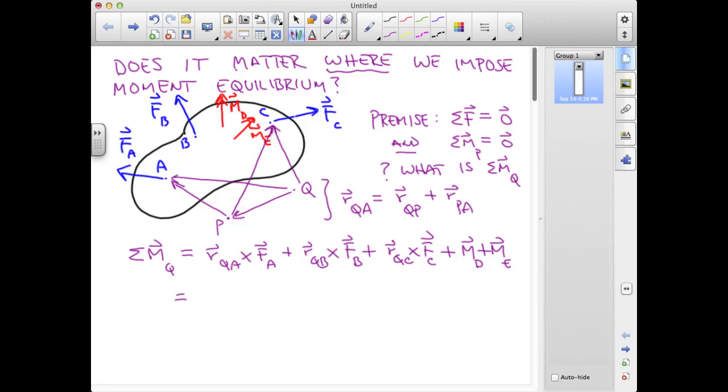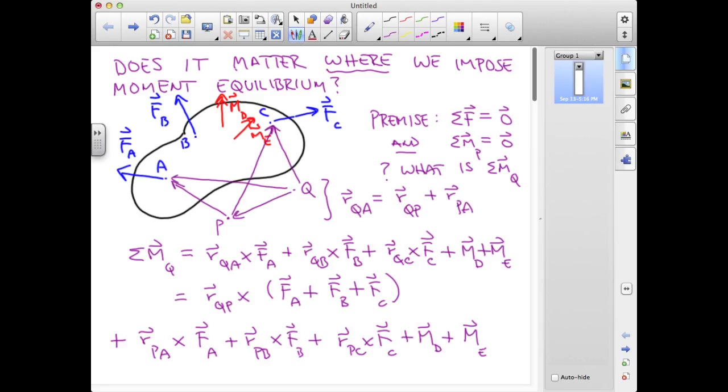Each one of those relative position vectors will contain a relative position vector from Q to P, so I'll end up with r_QP cross each of these forces, and then plus these terms.